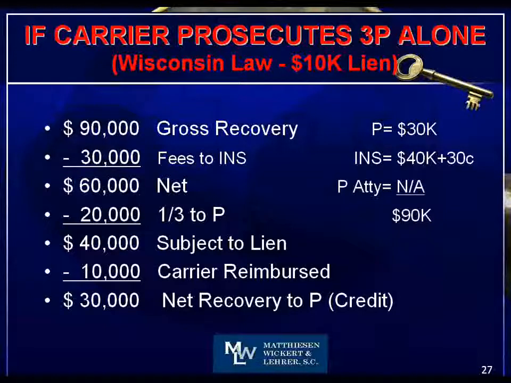He can spend $20,000 on whatever he wants, Las Vegas, slot machines, and it doesn't eat into his credit. Leaves $40,000 subject to the lien. Carrier is reimbursed $10,000. Leaves a net recovery to the plaintiff of $30,000, which is our credit. Now the report card reads the plaintiff gets $30,000, the insurance company gets $40,000 plus a $30,000 credit, and the plaintiff's attorney gets nothing because he is not in the picture.